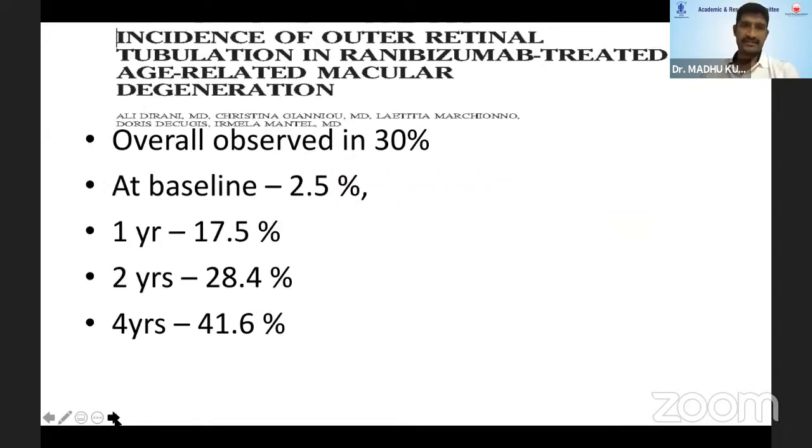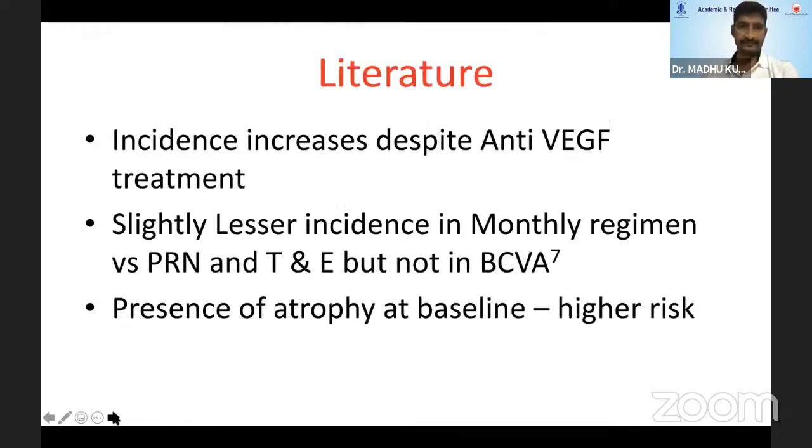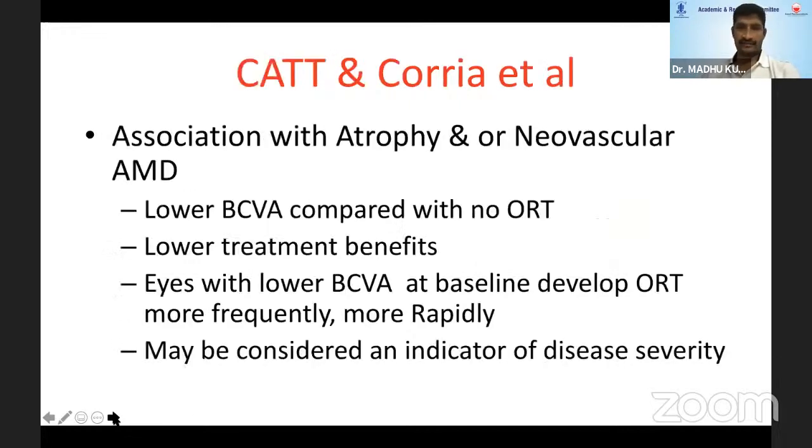What the literature suggested is that overall it is present in 30% of neovascular cases treated with anti-VEGF. At baseline it is 2.5%, and at 4 years it is 41%. So incidence increases despite anti-VEGF treatment, with slightly lesser incidence in the monthly regime compared to PRN and treat and extend regimes. RPE atrophy presents a higher risk.